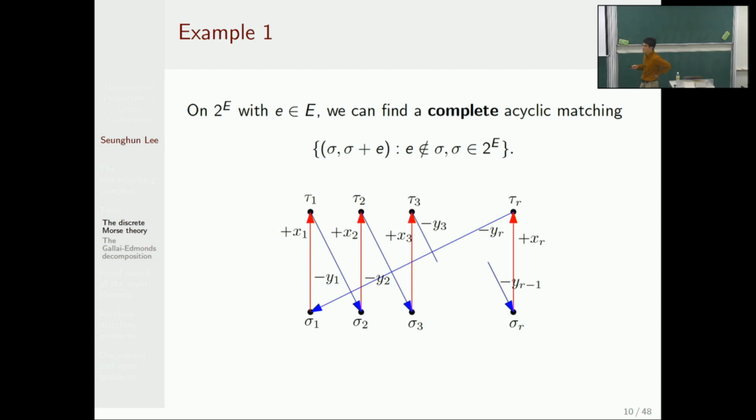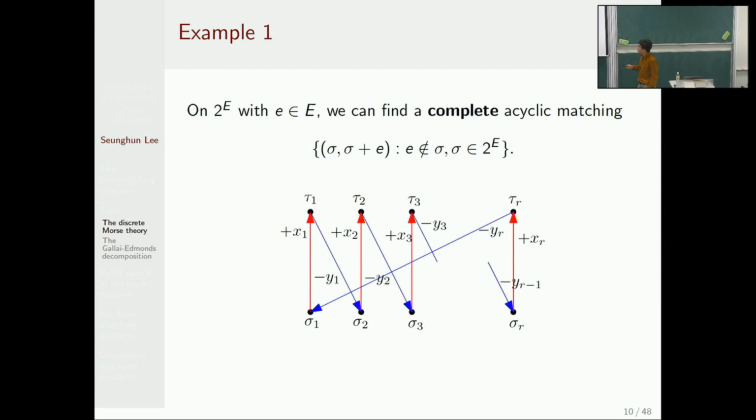It means that there should be a directed cycle in that directed graph, and that directed cycle should have a form like this. These red edges represent the edges in M. The other blue edges, which are directed downwards, are not in M.